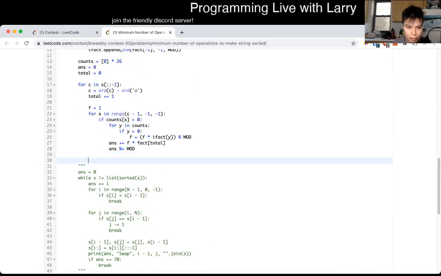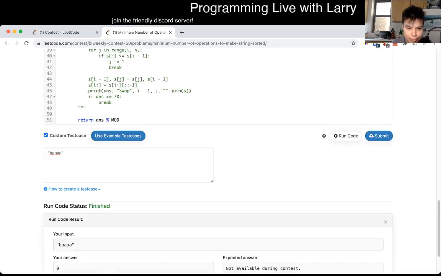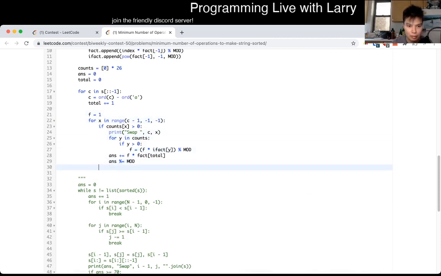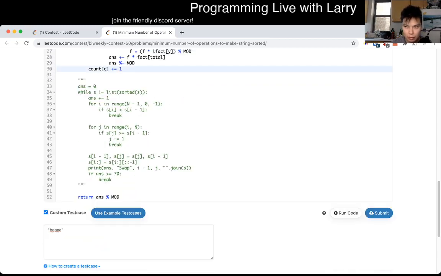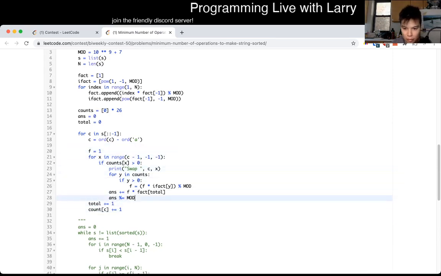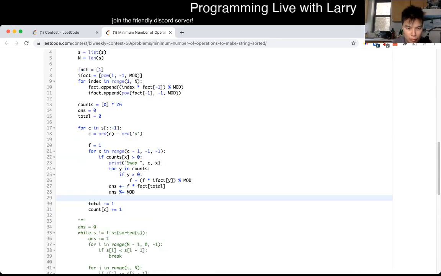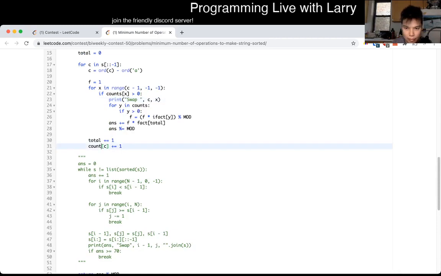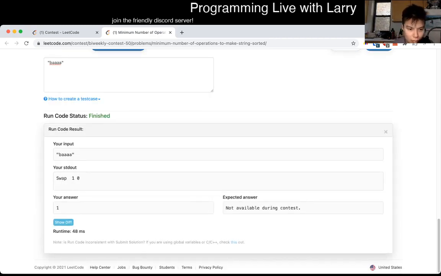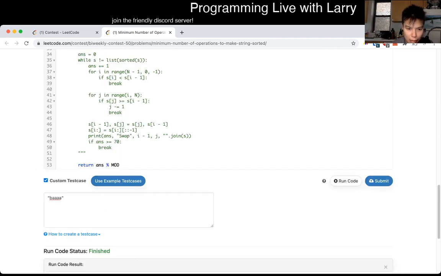That's not good. Oh, I don't add. That's not right. That's right, but then the math is wrong.